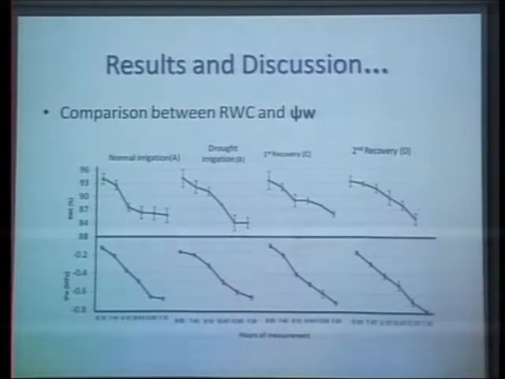Here it was linear until this point, but there is no linearity after that because the water potential keeps decreasing. And here, the same condition happens. It keeps decreasing. In the recovery irrigation, more or less, the relation is good.